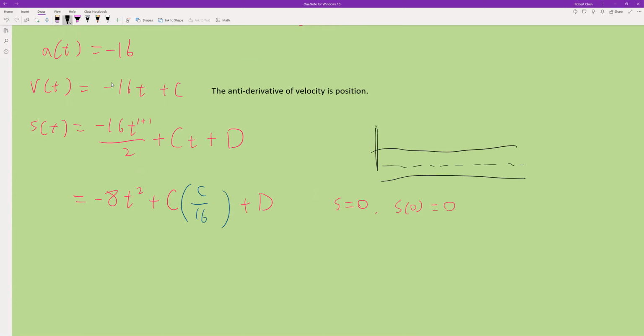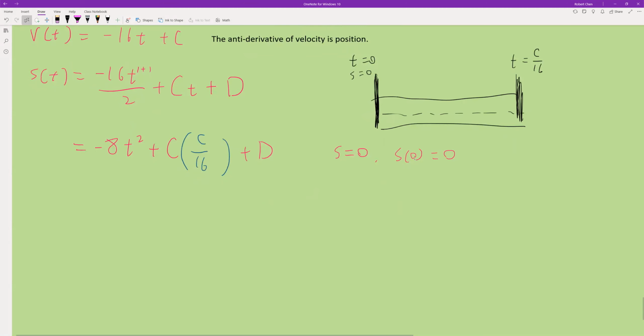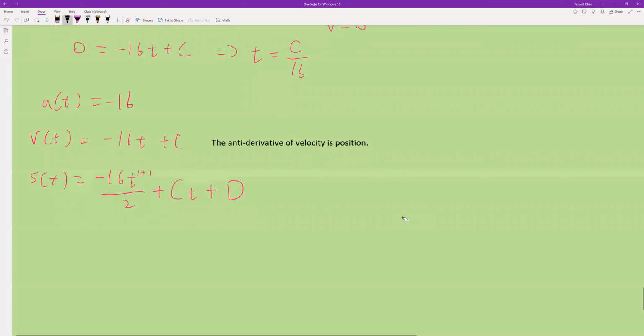Right here is when time starts counting and we start measuring the position, and at the end, when it comes to a stop, t is equal to c over 16. So we know that when t is equal to 0, position is 0. That means we can find s of 0, which is 0 plus d. Okay, and that's our position function.